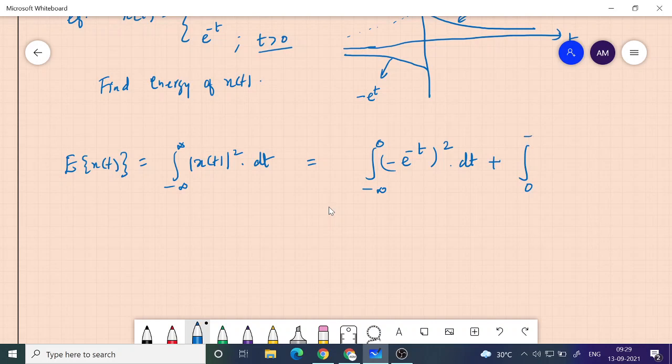Plus 0 to plus infinity, e raised to, sorry, here it is plus, then 0 to infinity you have this. Now from minus infinity to 0 you have e raised to 2t, plus 0 to infinity e raised to minus 2t.